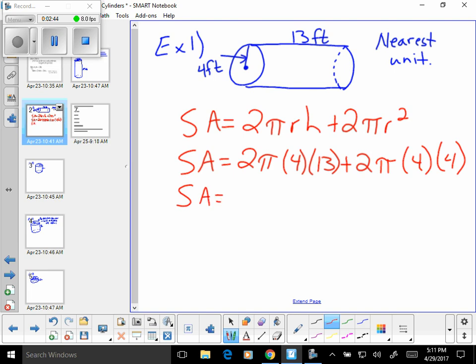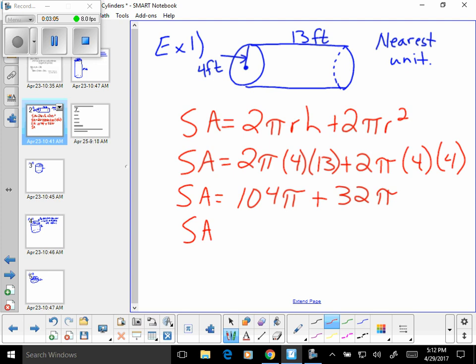We do not simplify with the pi at this point. We are simply going to state it in terms of pi. 2 times 4 times 13 will give us 104 pi, plus 2 pi times 4 is going to give us 32 pi.